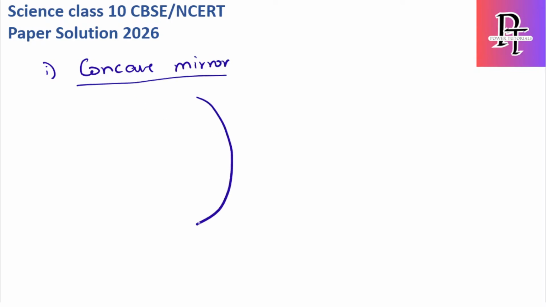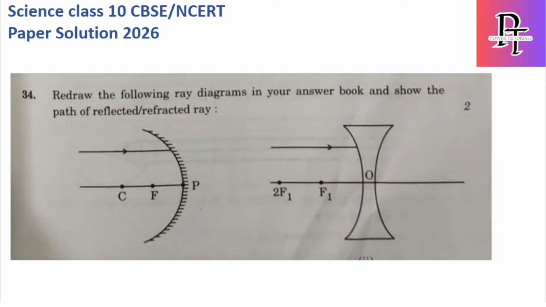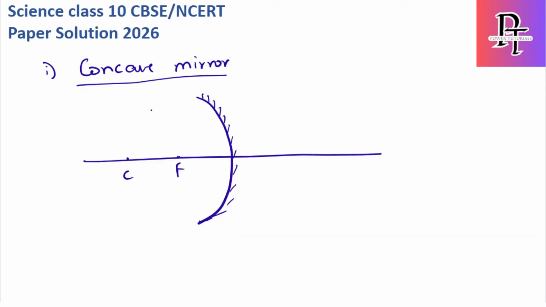So this is the curve. This is the principal axis. What we have is C and F. C is the center of curvature, F is the focus. How is the light ray passing? The light ray is passing parallel to the principal axis. When a light ray is passing parallel to the axis, what will happen? Its reflection will pass through the focus.